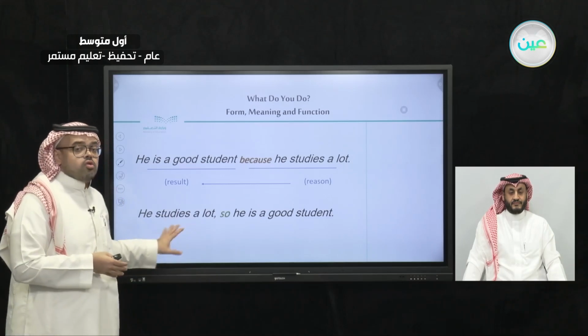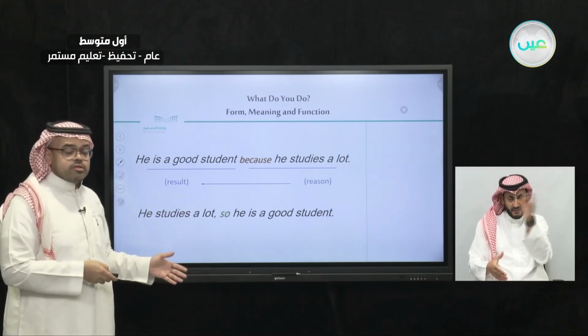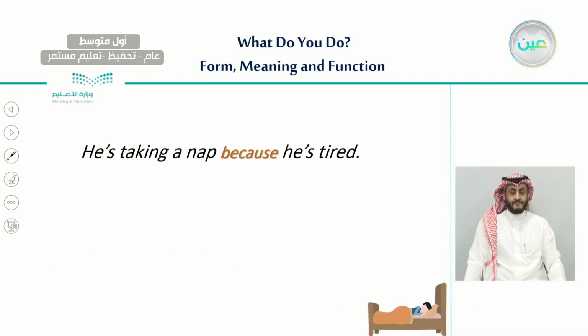Those are reasons. So what is the result behind all these reasons? The result is that he is a good student. So we use because to give the reason, and we use so to give the result, the consequence behind this reason.